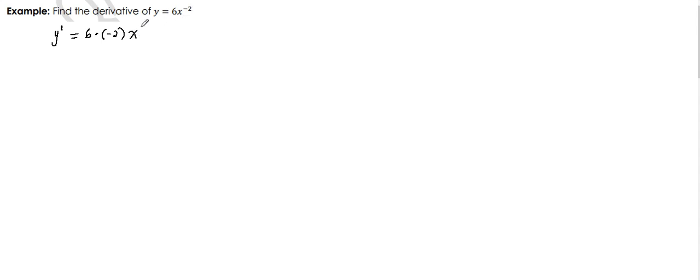So ano mangyari dyan? Magiging negative 2 minus 1. So this is equal to 6 times negative 2 x, negative 2 minus 1 is negative 3. Okay? So we can have 6 times negative 2, that is negative 12, x raised to negative 3.